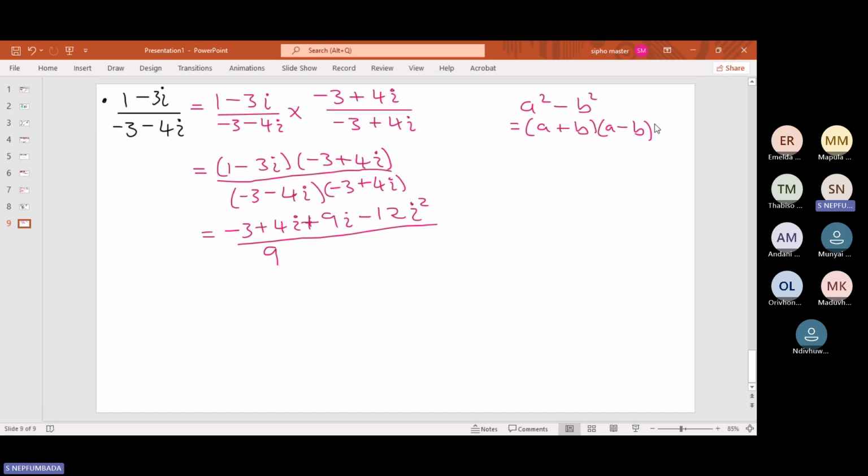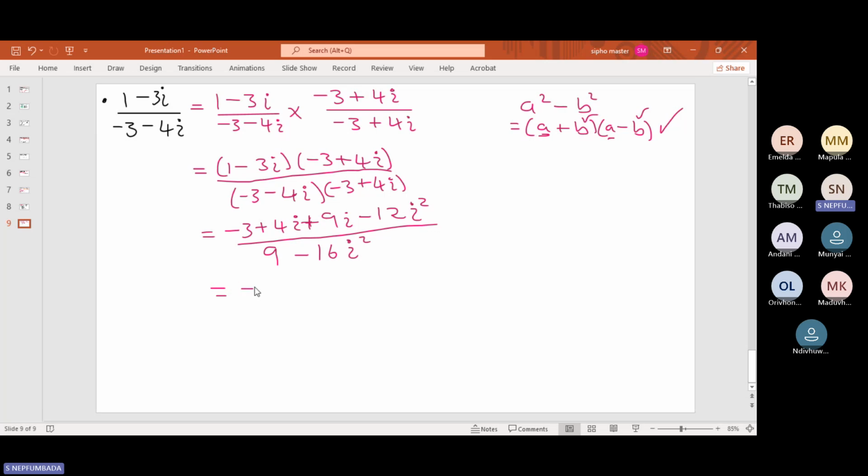That when we remove the brackets of this one, we just say the first one times the first one, the second one times the second one. Do you understand that? Okay, it means here now we are going to have negative 16i squared. Are we good?